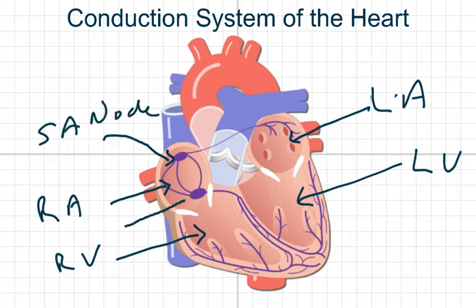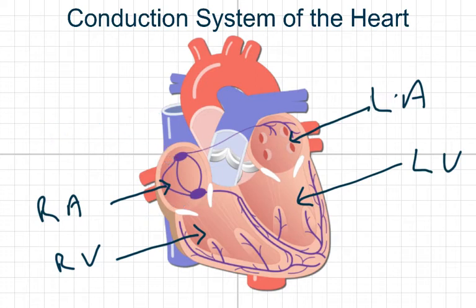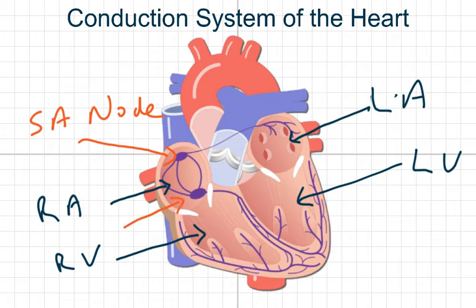Here at the base of the right atria, actually let's go ahead and put these in some different colors so you know what's going on. Make this a little bit easier. I'm going to put these in red. Again, this is the SA node, also the pacemaker. Here we have the AV node.